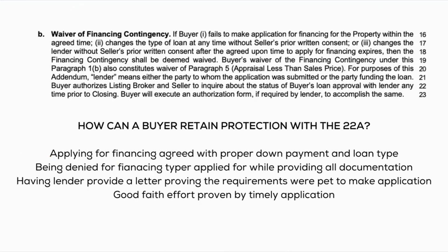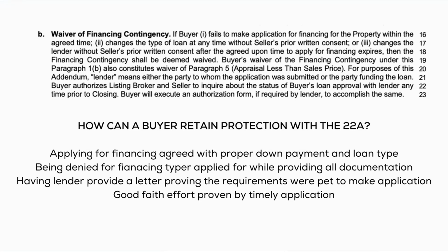Financing can be waived. There are a couple ways it can. So this is how you want to make sure your buyers are really following these rules and you are walking them along in a way that keeps that financing contingency protection under them. So the waiver of financing can be avoided if, one, you retain it by applying for the proper financing and loan type.